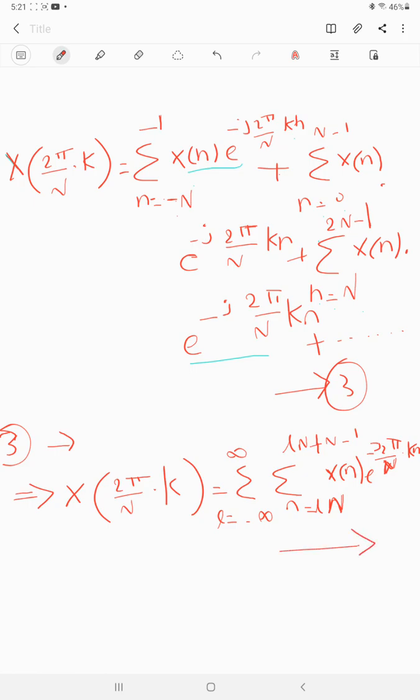This is the compact version of equation 3, and it will be represented as equation number 4.